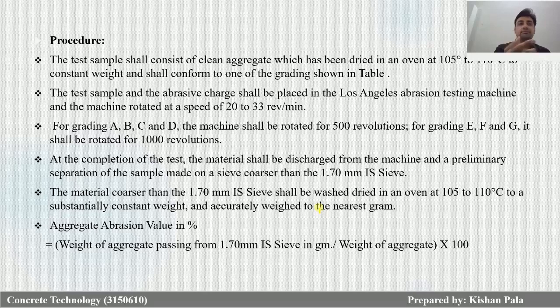That weight, the weight of the aggregate passing the 1.7 mm IS sieve in gram, is divided by the weight of the aggregate you took at the start of the test, the 2.5 plus 2.5, multiplied by 100, and then you can easily calculate the percentage of the abrasion value.